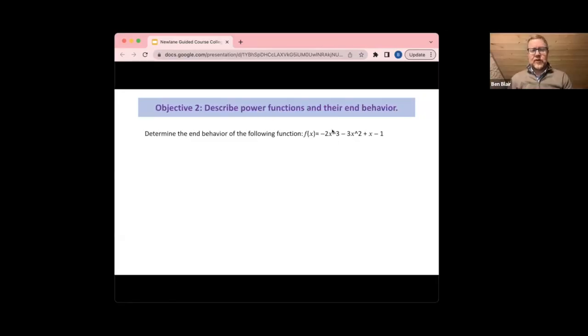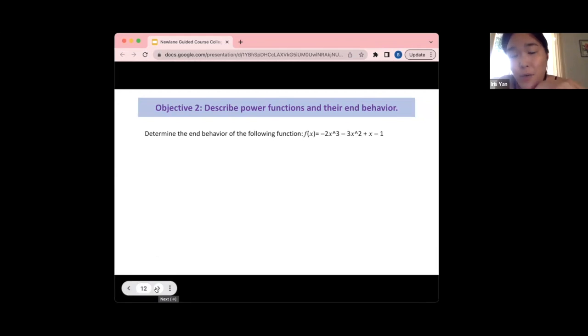Is it fair to say, Professor Yan, that on this one, the x cubed, the negative 3x squared plus x minus 1, are just distractions? We don't need to consider them when we're looking at the end behavior. Right. But you do need to make sure that they are ordered properly.